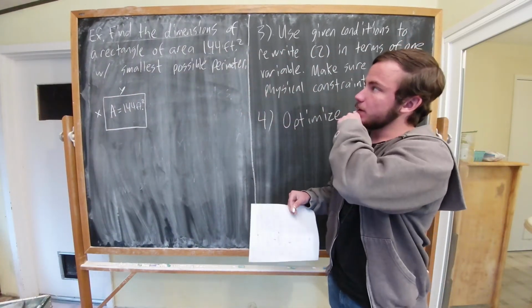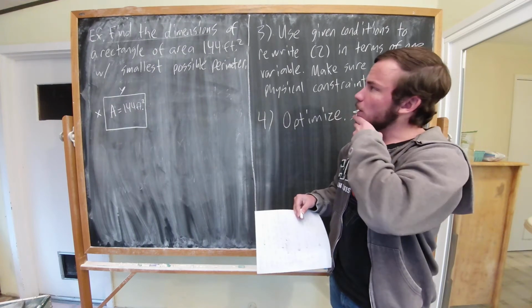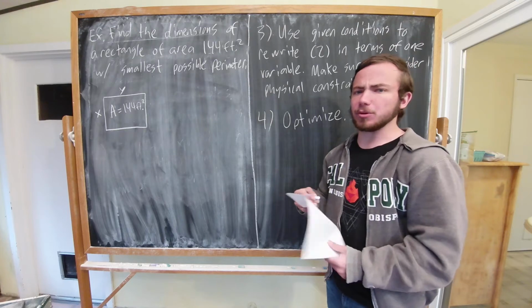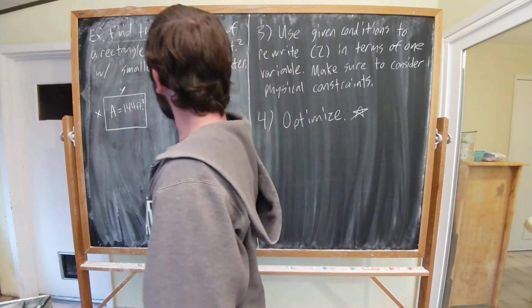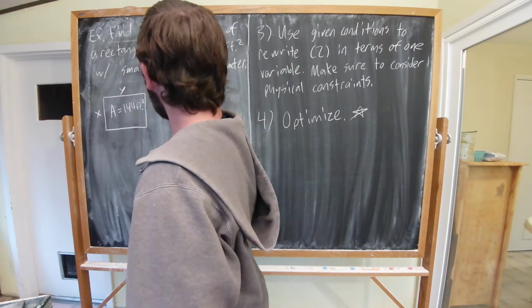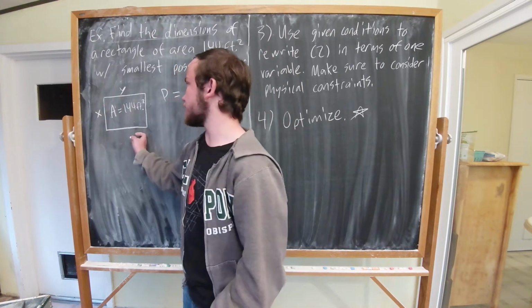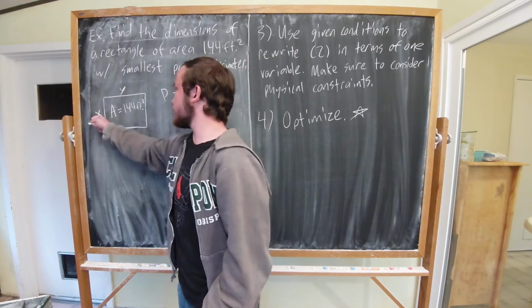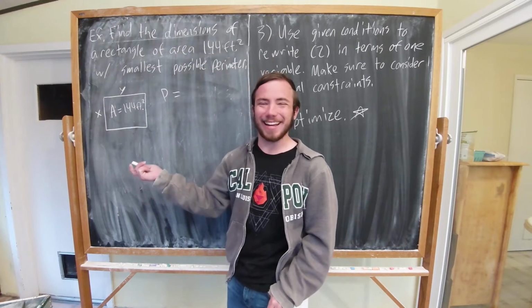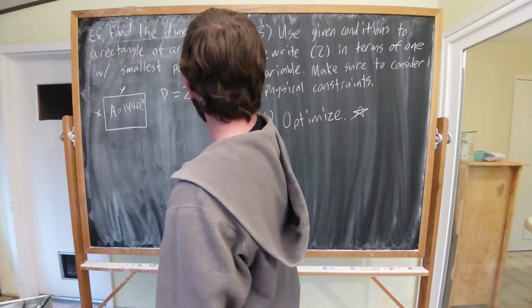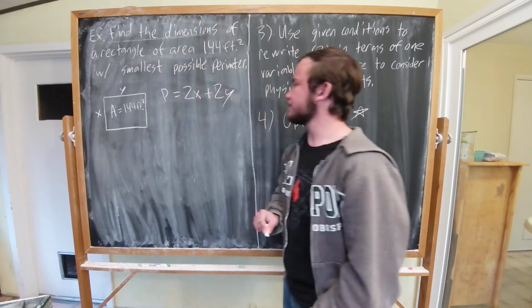We need our perimeter in terms of our variables. So our perimeter, P, by the standard definition for a rectangle, is the addition of all of those sides. These two sides are the same, these two sides are the same. So the perimeter is 2x plus 2y.